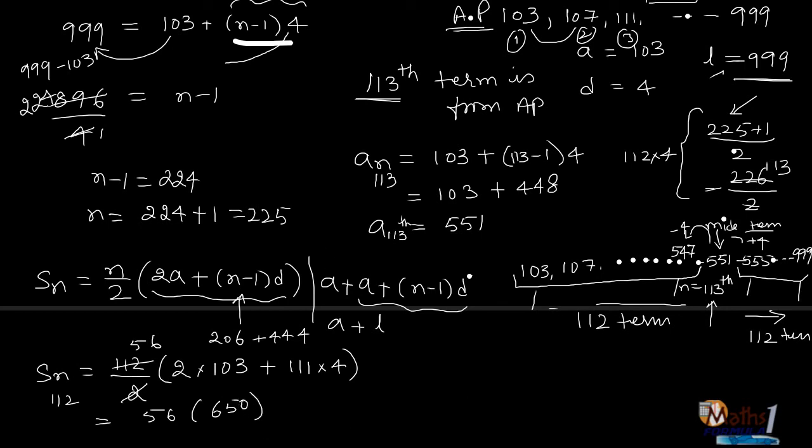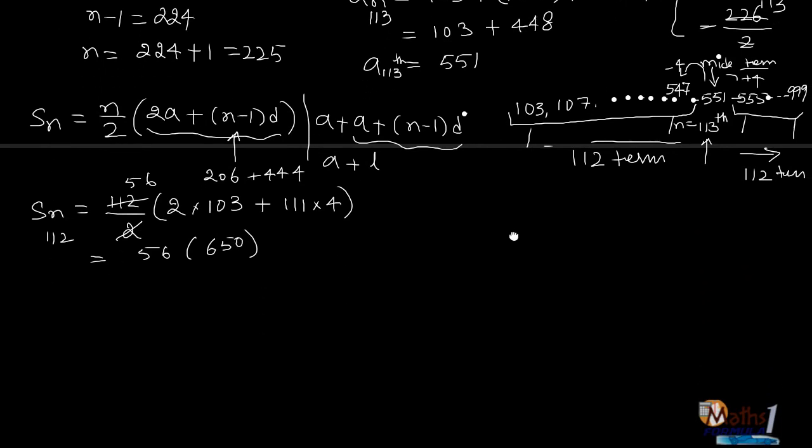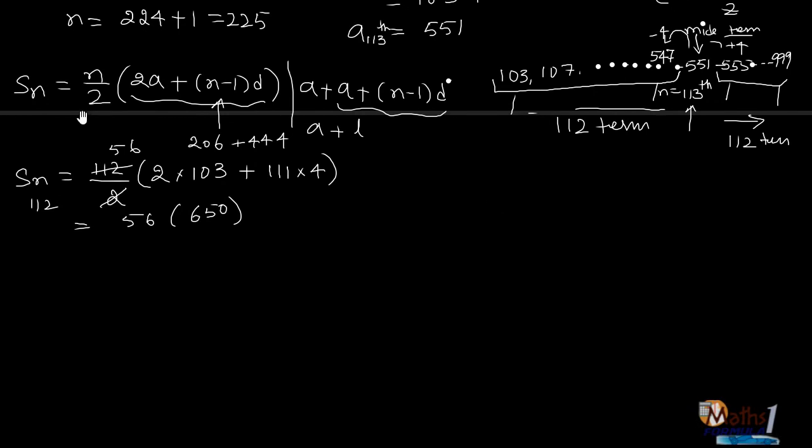So I'm going to scroll this up a little bit so that everything is on the screen. So 56, and I'm going to find it for both. One will be the sum before the midterm, and this will be after the midterm, so you know the comparison here itself.